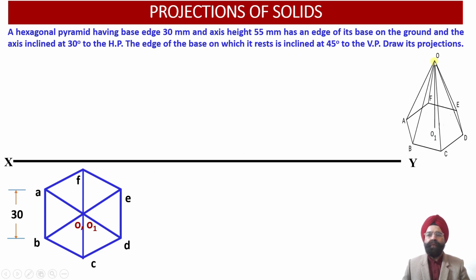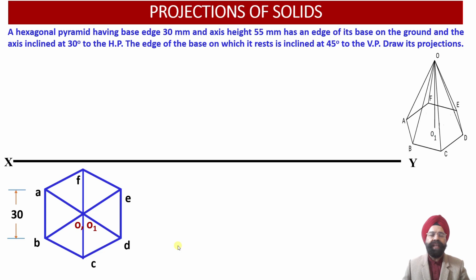Once we obtain the axis points, all the six slant edges OA, OB, OC, OD, OE and OF will be visible to the observer as the observer is looking at this hexagonal pyramid from the top. So this way we have completed the top view projections of this hexagonal pyramid which is resting with its base on the horizontal plane.